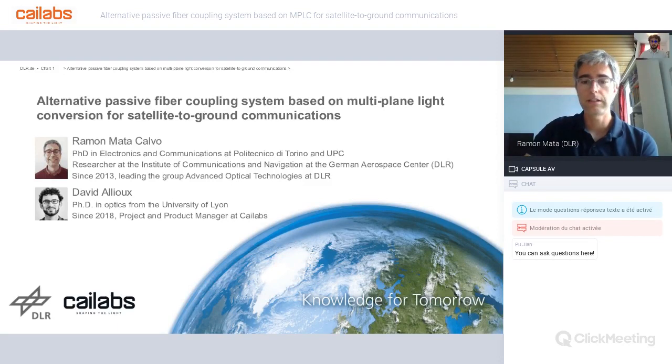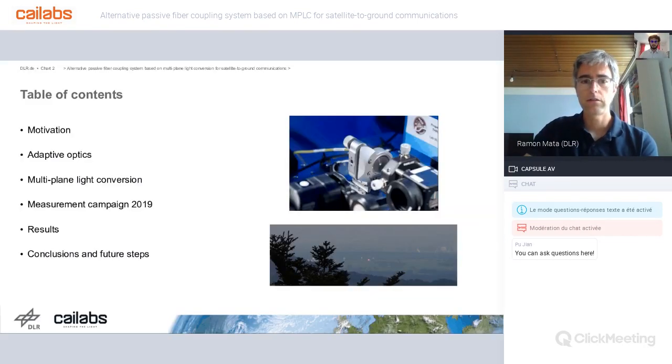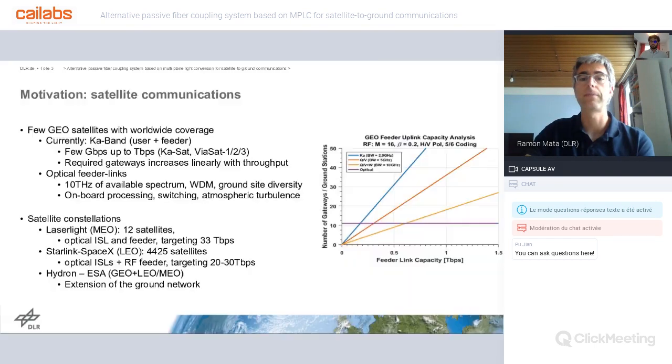So I will start with the presentation. I will have some words about the motivation and then on adaptive optics. Then I will hand over to David for the multiplane light conversion. And then the last part will be about the measurement campaign we had, the results, and further steps.